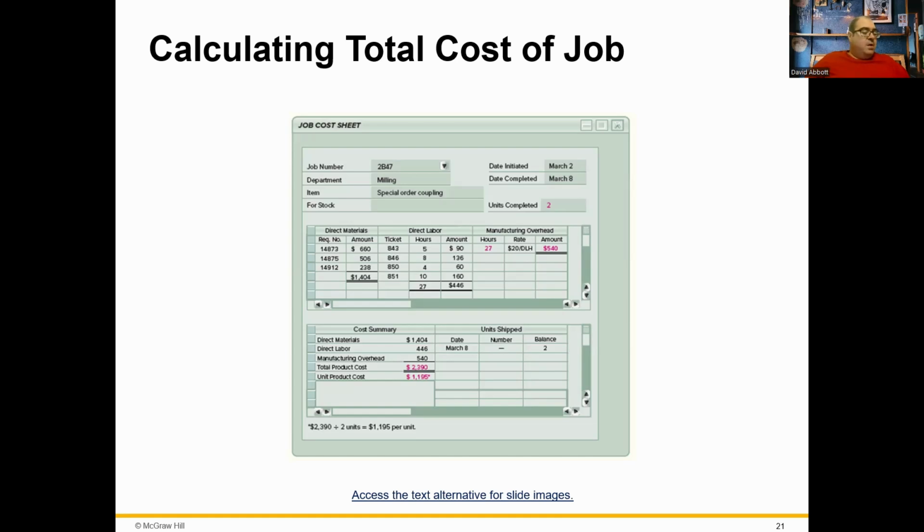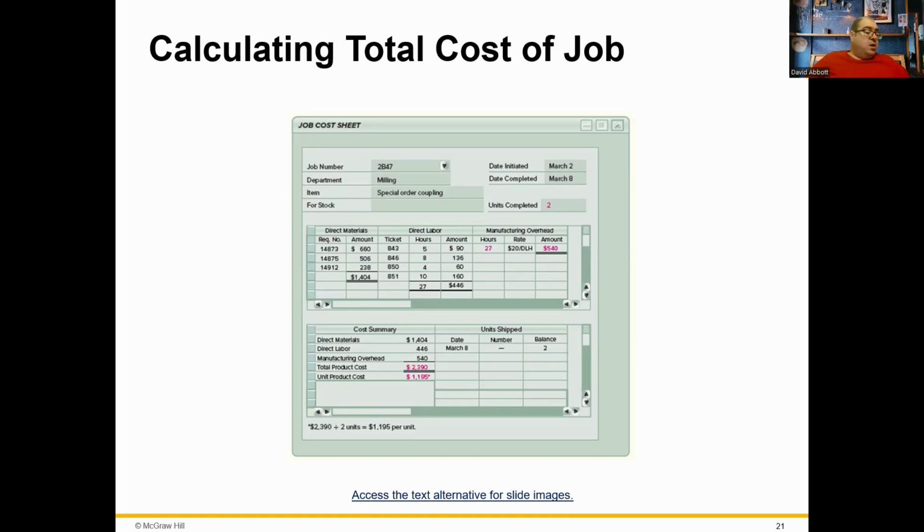Now, since this job includes 2 units, the average cost per unit is $1,195. And we see that here for 1 unit, and how they work that out.